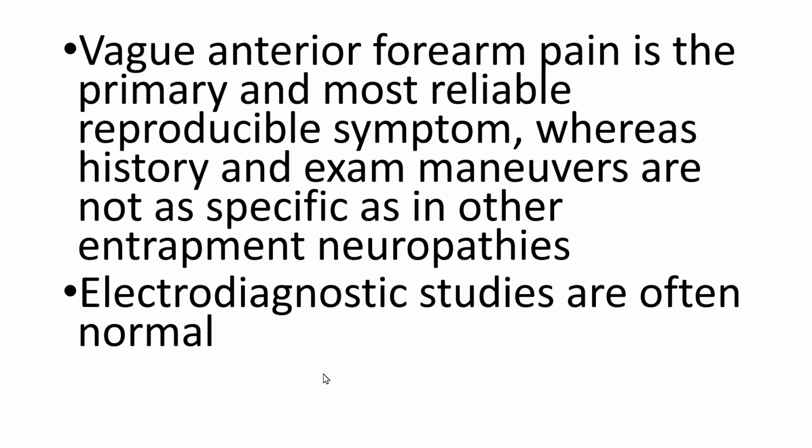So you have to depend on your clinical ability. Apply pressure on the pronator teres. Ask the patient to pronate the forearm against resistance with pressure on the pronator teres. This is a clinical provocative test that will tell you whether the patient has pronator teres syndrome.